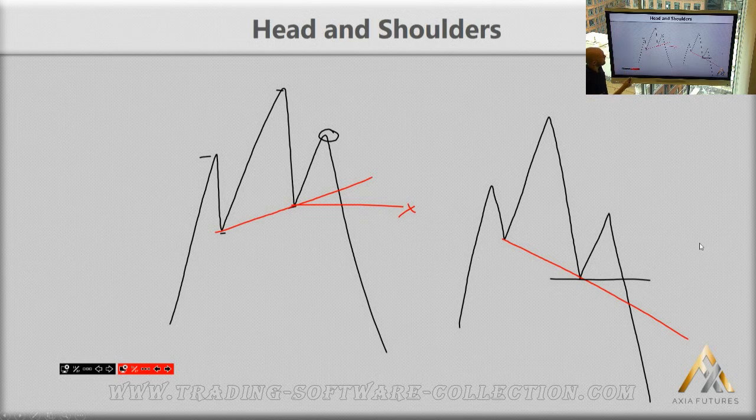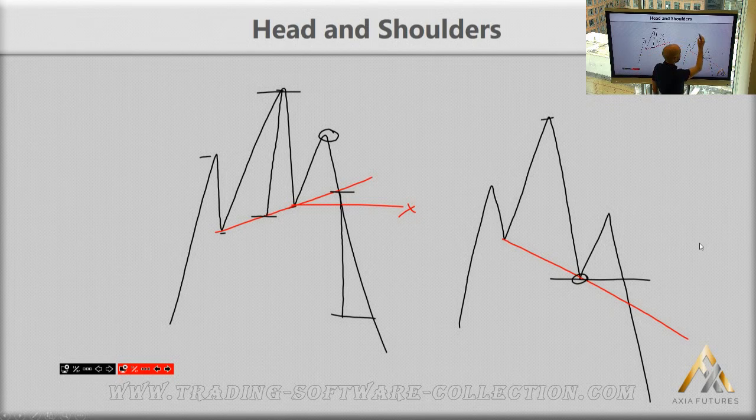In terms of targets, I'm looking for this distance here, neckline to the head. Add that on to the break, and that's where your target's going to be on that head and shoulders pattern. And this is what makes this one difficult, that you've already broken this level, we're already going, and then you're going to add on that move as well.